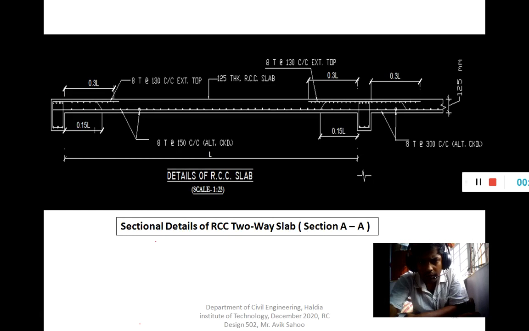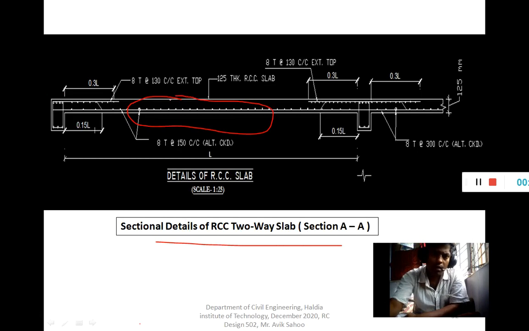So this is a sectional view, sectional details of RCC 2A slab. You see that here in the middle portion the reinforcement is 150 center to center. This figure I have prepared in AutoCAD.